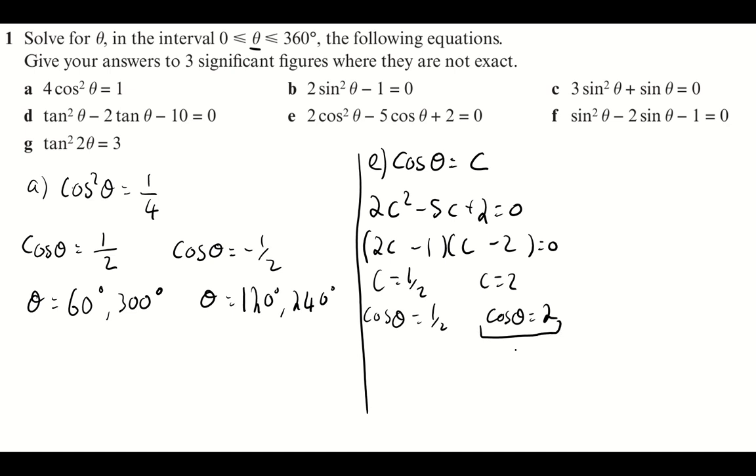Now this one has got no solutions, because cos has got this max at 1 and min at minus 1. And cos theta is a half, our range is the same, the theta still matches, so I can kind of just remember what my answers were from before.